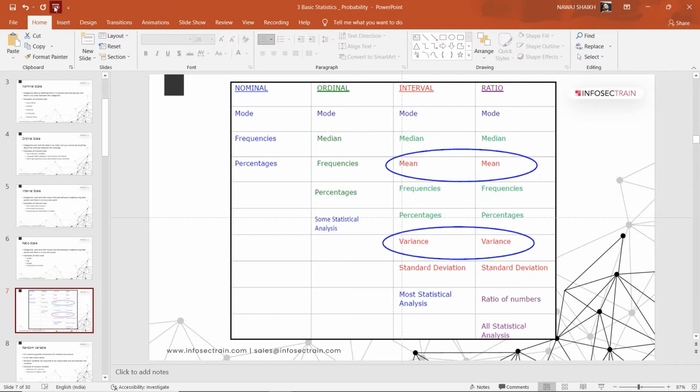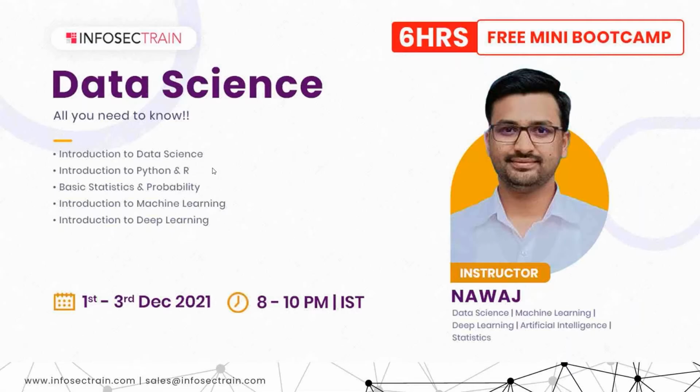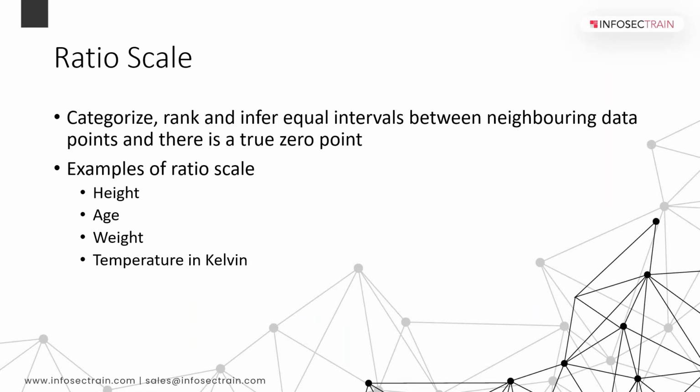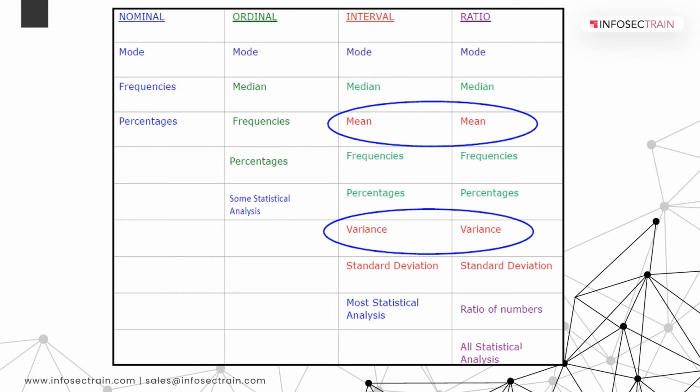Suppose we have observations from 1 to 5, the middlemost observation in the data is 3. That's how we calculate the median.